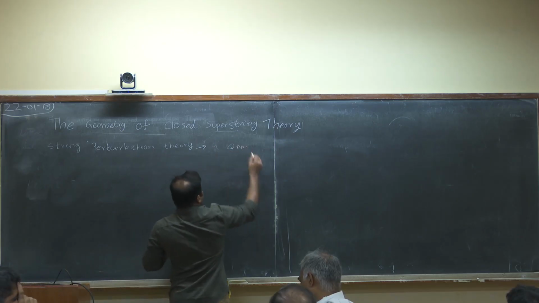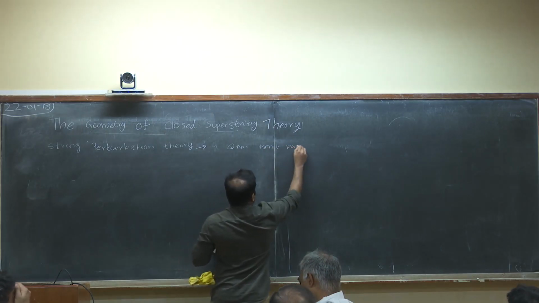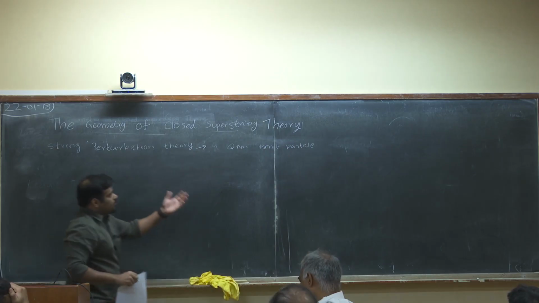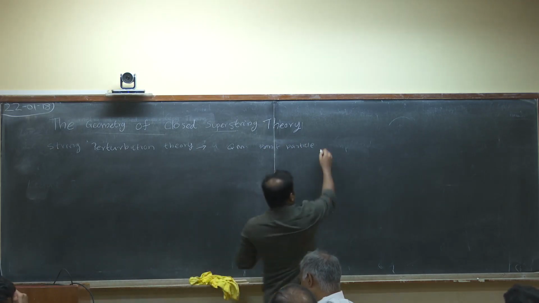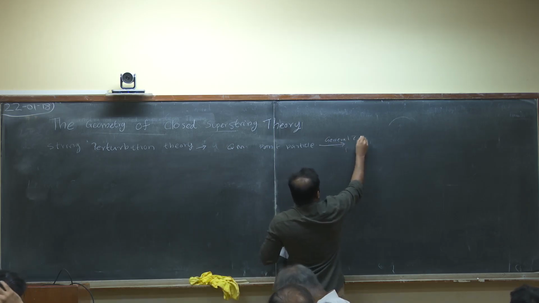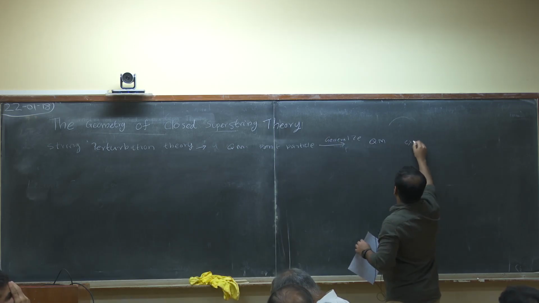So you can start from the quantum mechanics of point particles, the rules that you state using the path integral description, and then one has to just generalize to the quantum mechanical rules for studying an extended object.